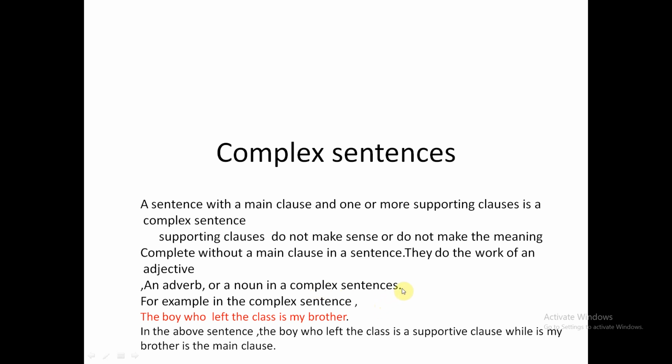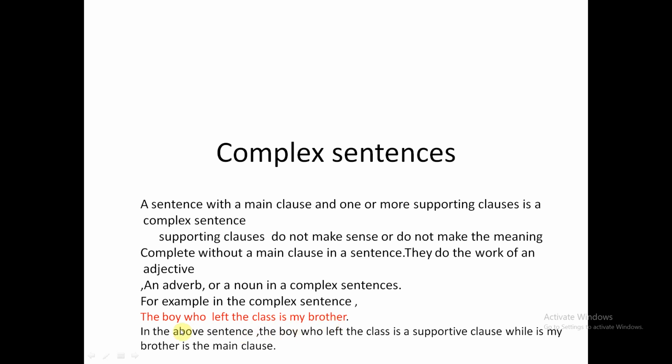This we are talking about subordinating or supportive clauses. For example: The boy who left the class is my brother. So in this sentence there are two clauses. One is the main clause, which over here is "is my brother".